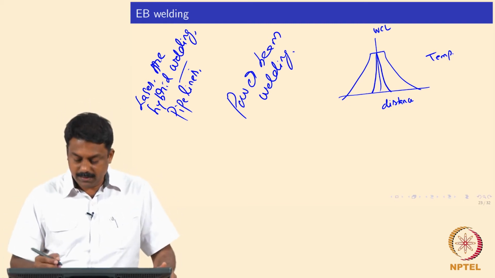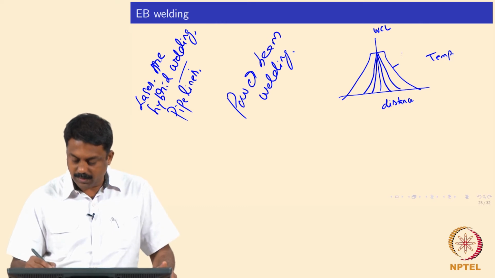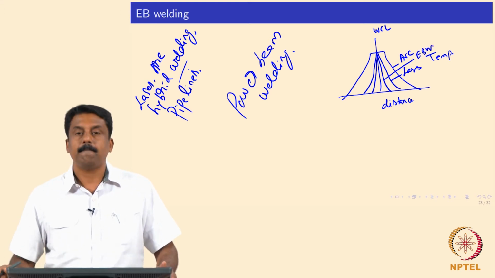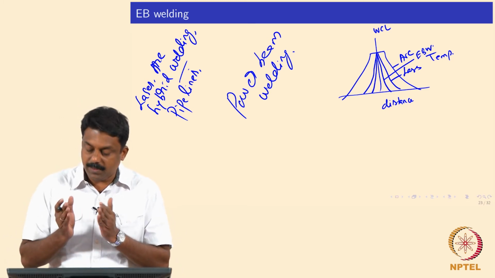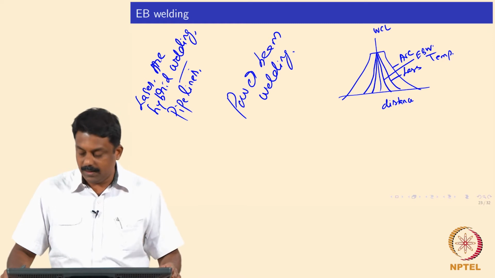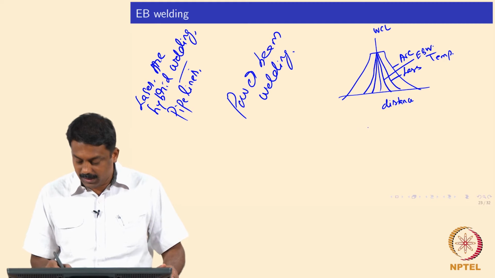In laser beam welding the temperature gradient will be slightly lower than in electron beam welding, something like this, right. So this is the arc, the laser, and then this is EBW. In electron beam welding the temperature gradient is much steeper than laser and much steeper than arc welding, right.